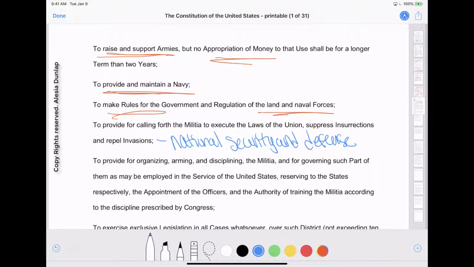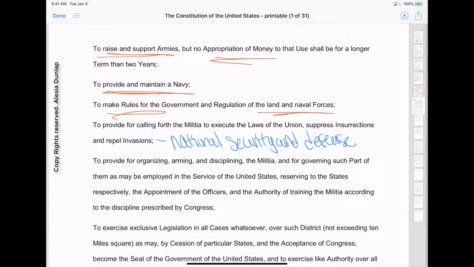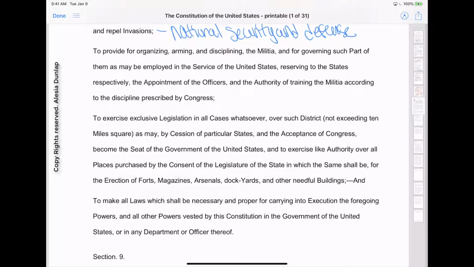Okay? Although the president, as you will learn, is the commander-in-chief of the military, and he can make calls that Congress cannot. So military calls, as far as operations and things like that, Congress has to be able to fund it, right?